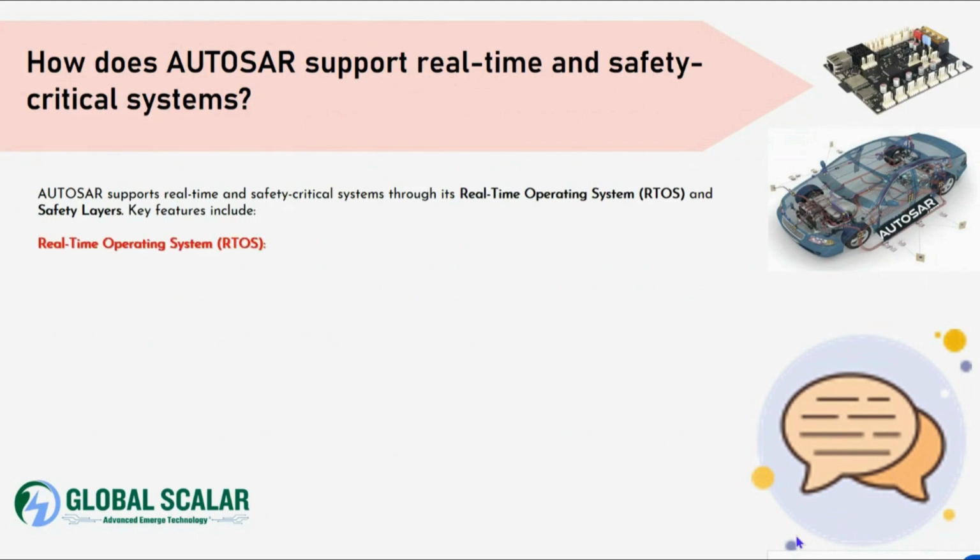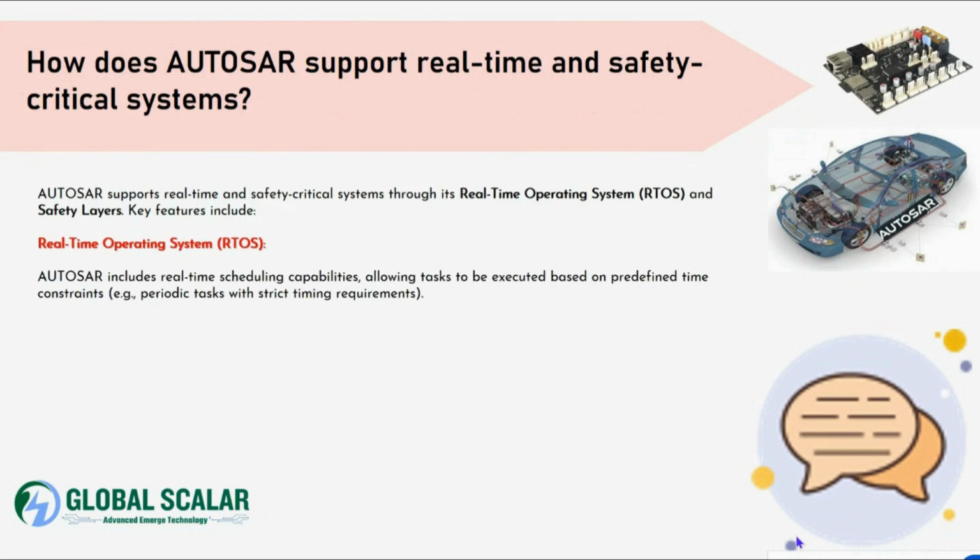Key features include the real-time operating system, AUTOSAR OS. So here mainly the focus is on the scheduling of tasks, allowing multiple users to access the same data, with time constraints, and periodic tasks with strict timing requirements can be handled here.